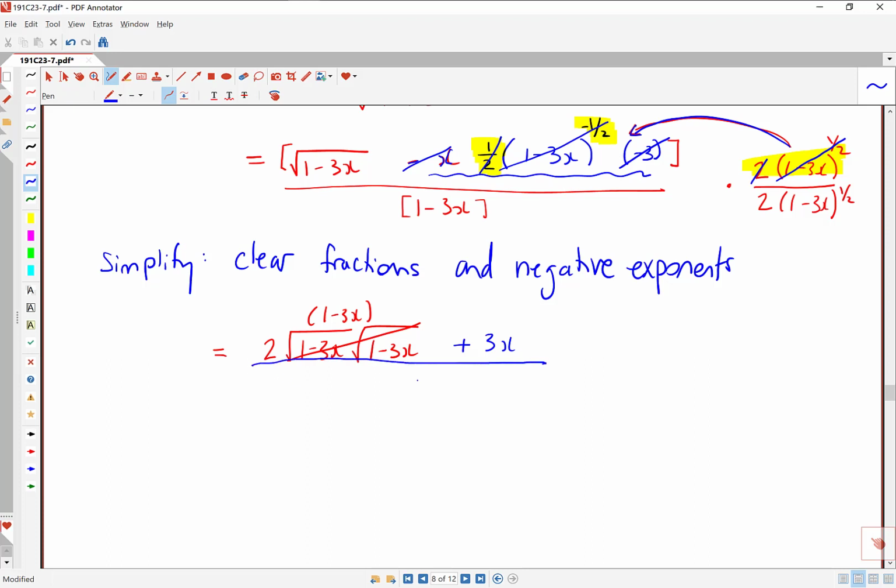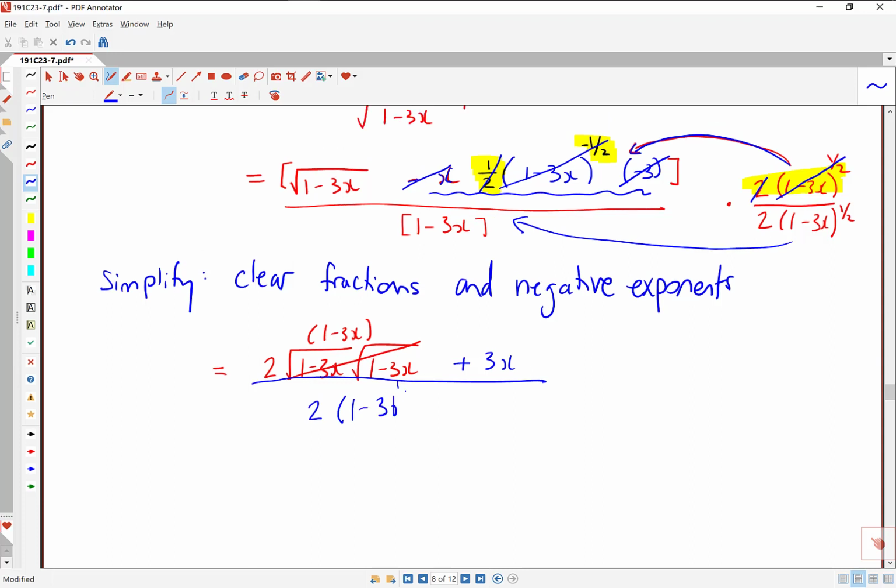And then in the bottom, multiplying this with that, you get 2 times 1 minus 3x to some power. Let's figure out what the power is going to be. The power is 1 here. The power over on the right here is 1/2, and when you multiply things together, their powers add. So you get 1 plus 1/2, in other words, 3/2.